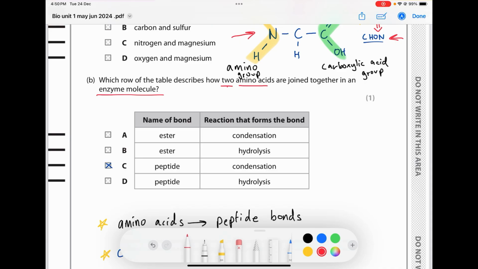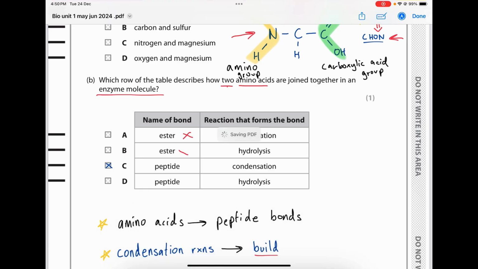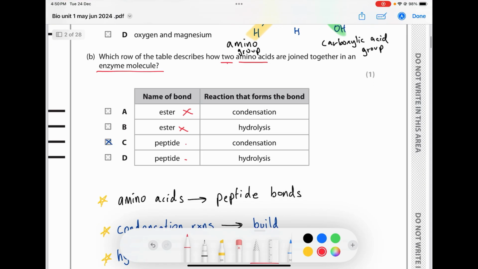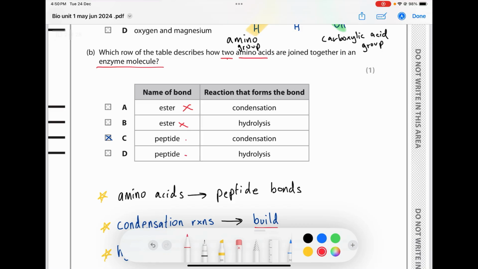So it's not going to be an ester bond, so the first options are wrong. However, it is going to be a peptide bond. The answer is going to be C. It's a peptide bond, and the reaction that forms it is condensation.